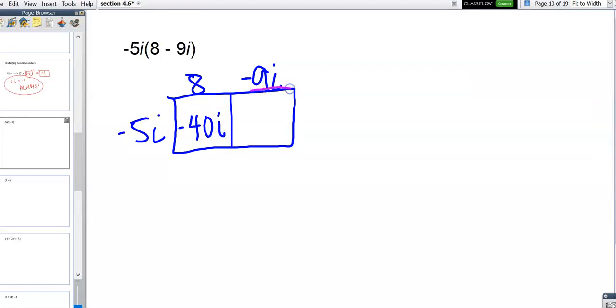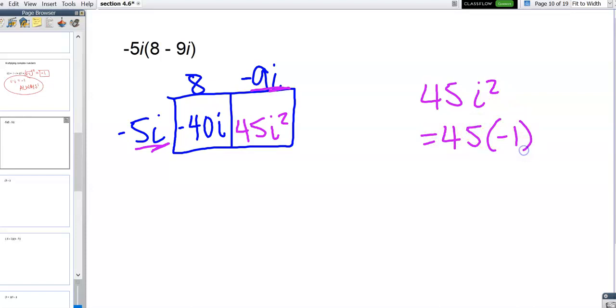Then we have negative 9i times negative 5i. So negative 9 times negative 5 makes 45. And then i times i is i squared. And on that last slide, we said if we have i squared or i times i, that always equals negative 1. So 45i squared is the same as 45 times negative 1, which is negative 45.